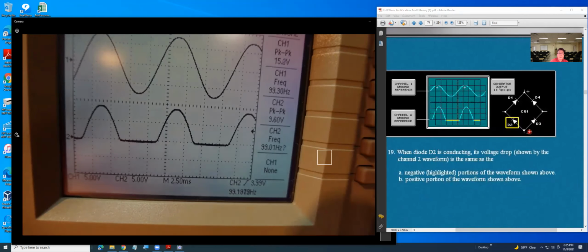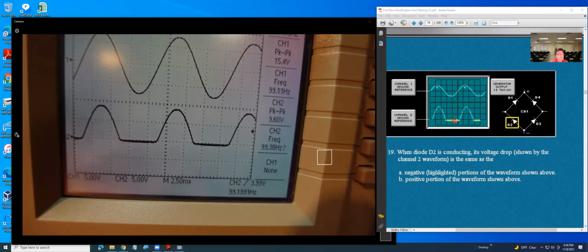Okay, when diode D2 is conducting, it has a voltage drop. So the channel 2 waveform is the same at A or B, negative portion of the waveform, positive portion. Okay, this is right here.